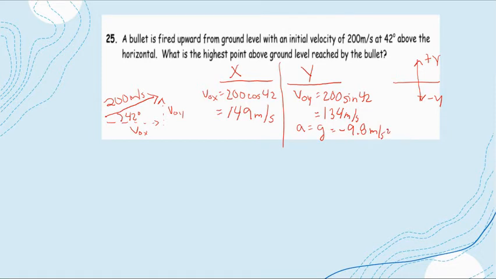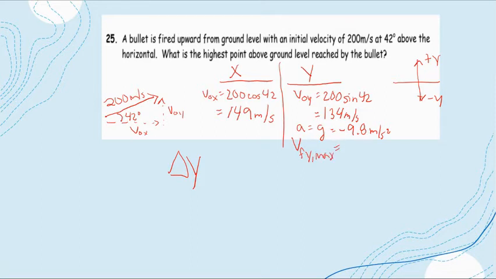And what I want to do is figure out how high that goes. Well, I have a v initial y, and at my highest point, what is my v final y at my maximum point?